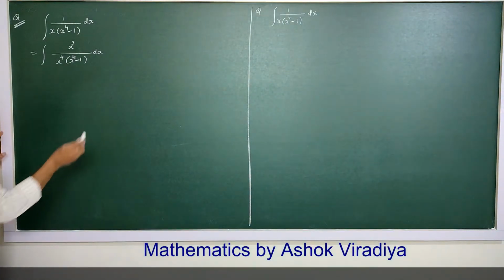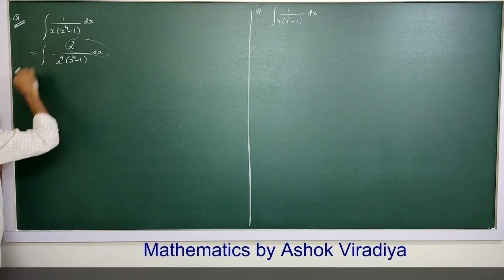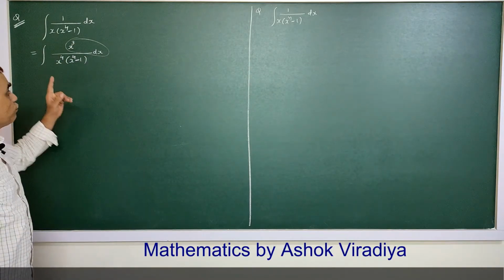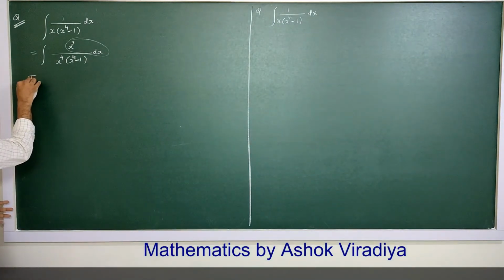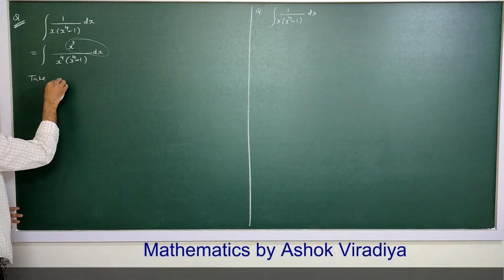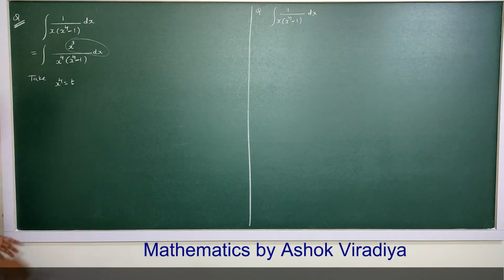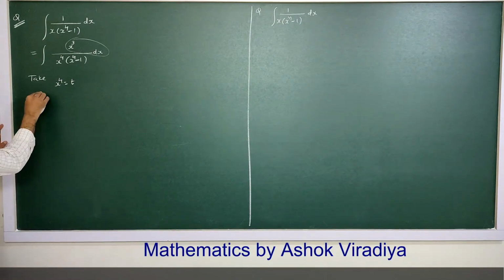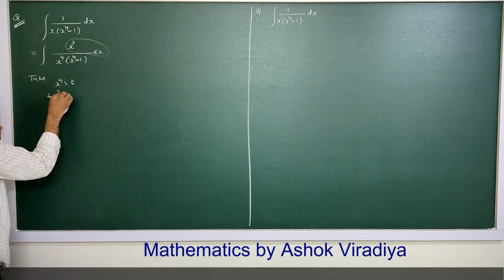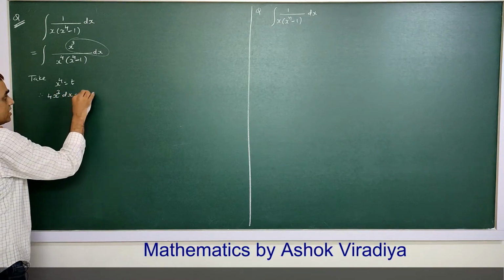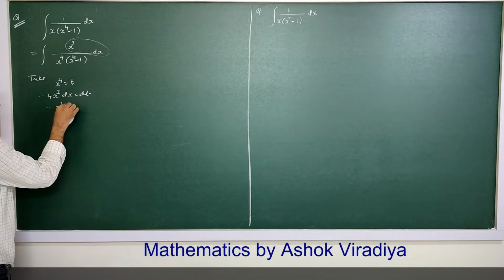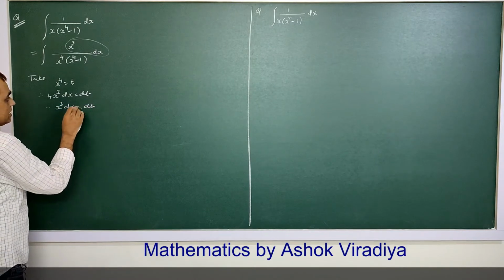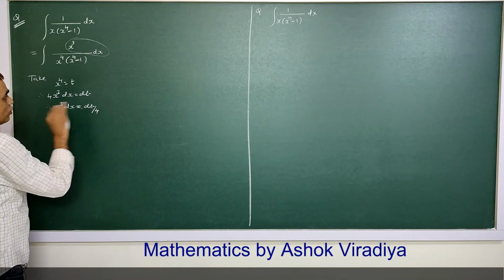So in the next step, this can be removed by taking x raised to 4 equal to t. So therefore 4x cube dx is dt. So x cube dx is dt by 4.